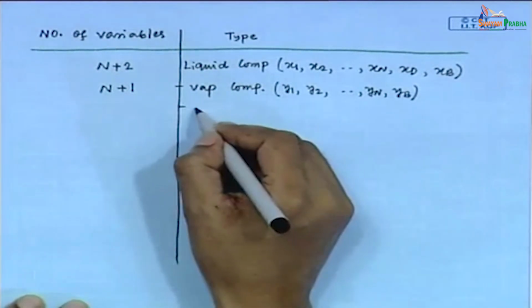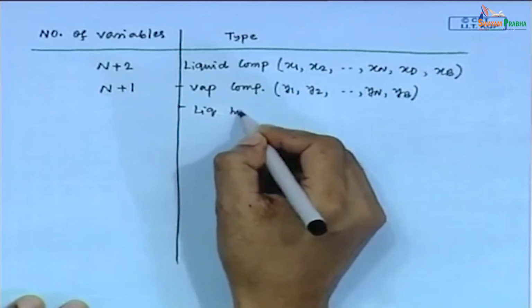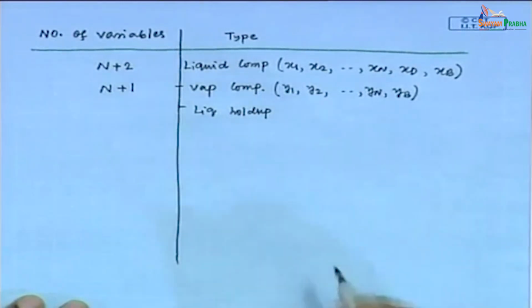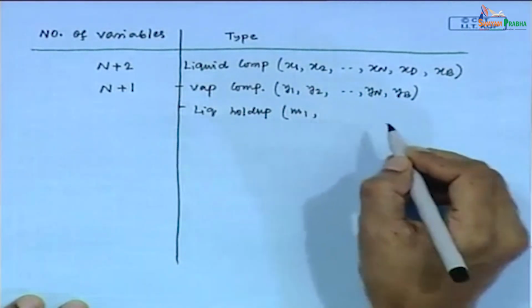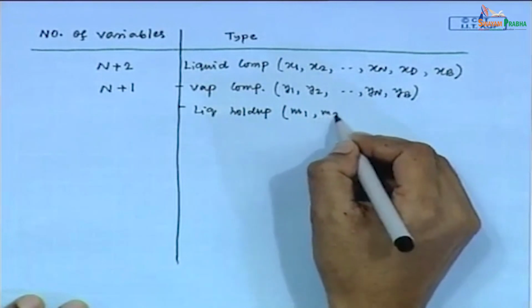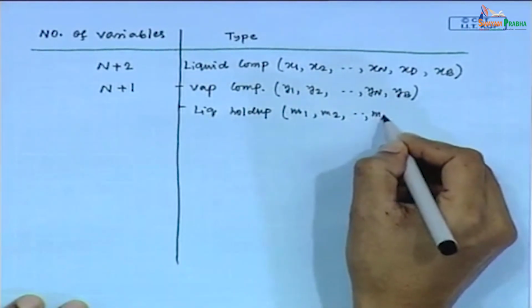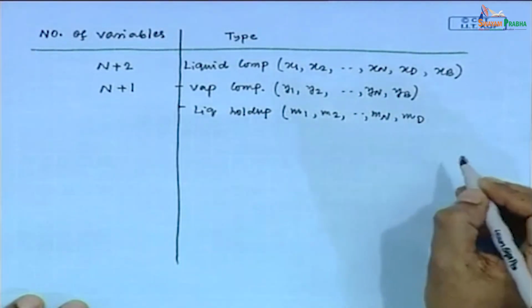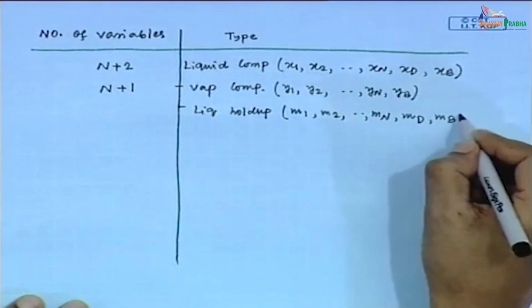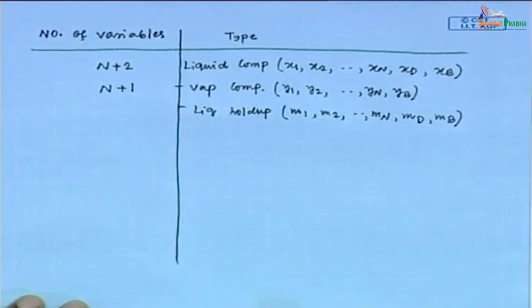Next one is liquid hold ups. One for each tray, that means M1, M2 up to Mn, one for reflux drum and one for column base. So, n hold ups for n trays and 2 for reflux drum and column base. Fine.